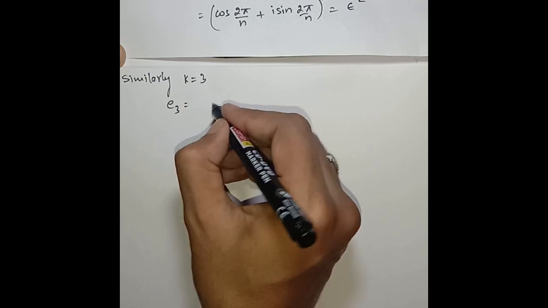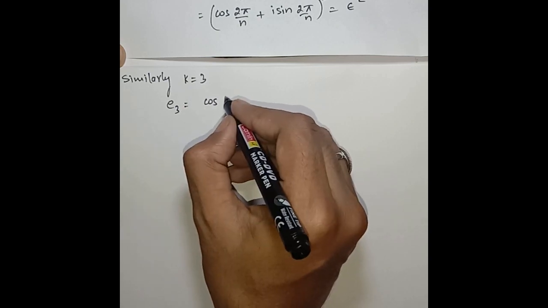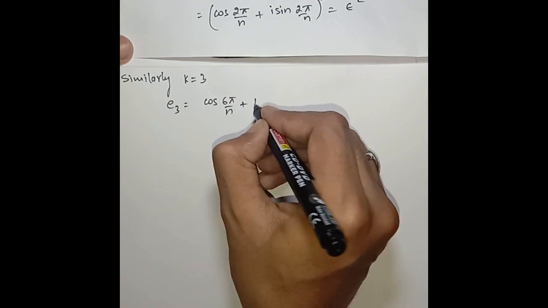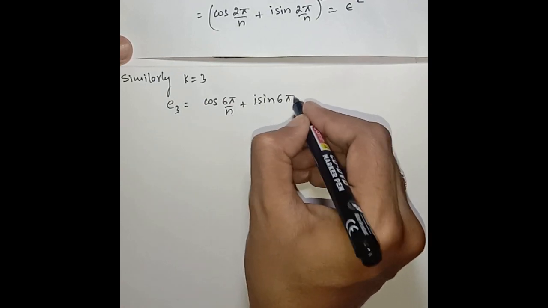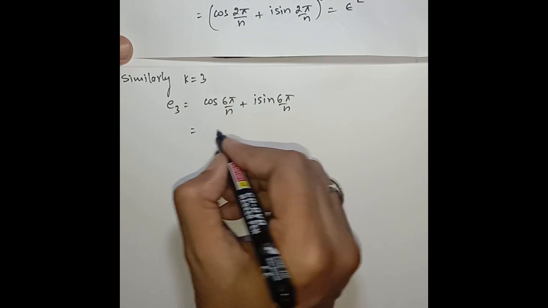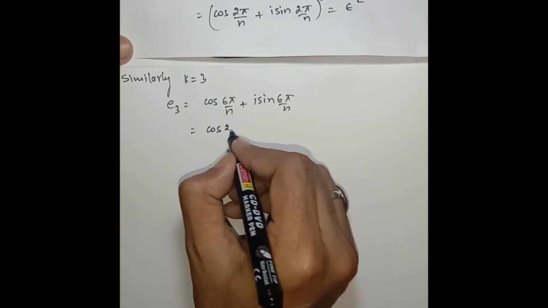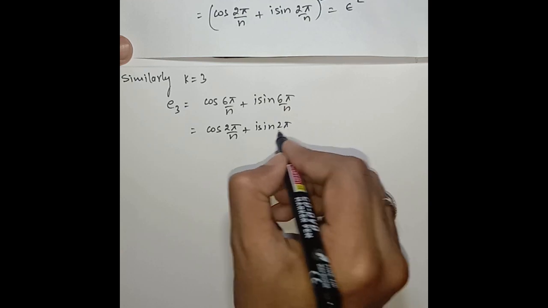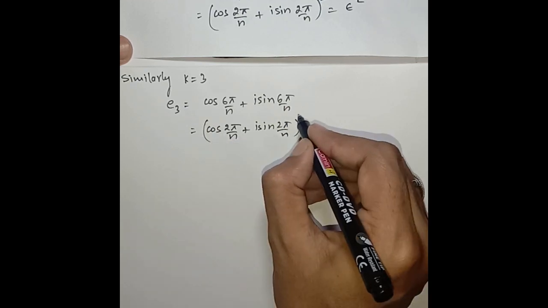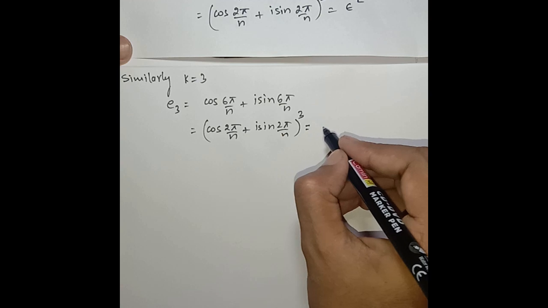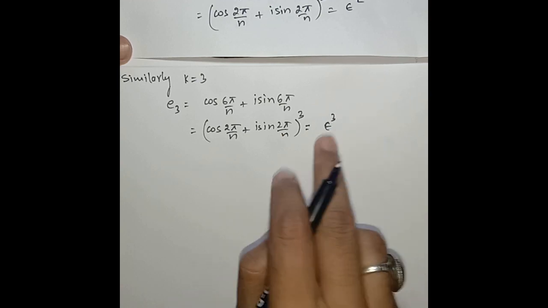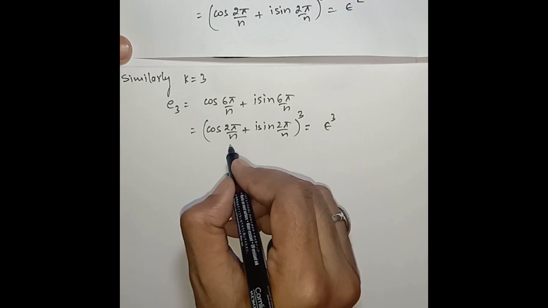E3 is equal to cos 6 pi by n plus i sin 6 pi by n, and we can write (cos 2 pi by n plus i sin 2 pi by n) to the whole power 3. This is nothing but epsilon cube.